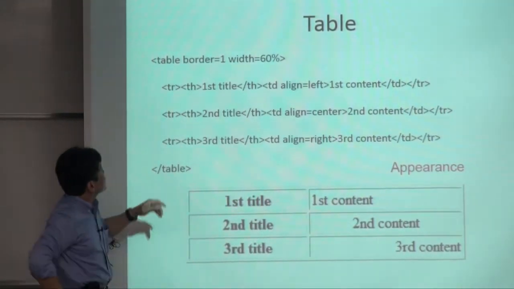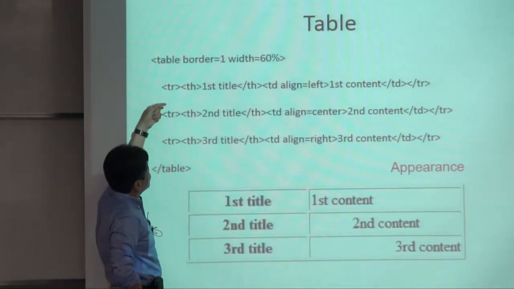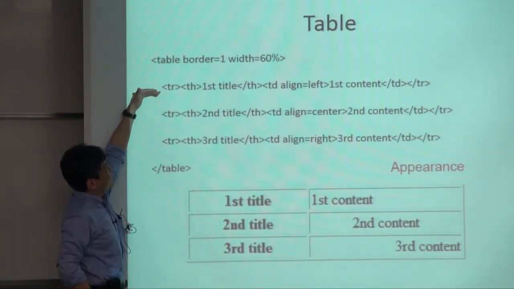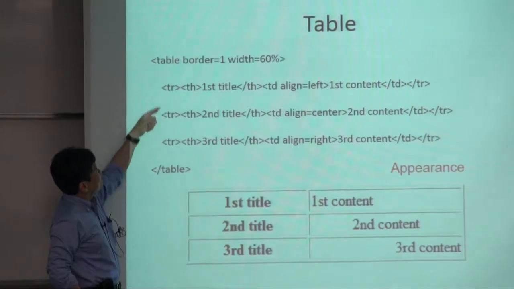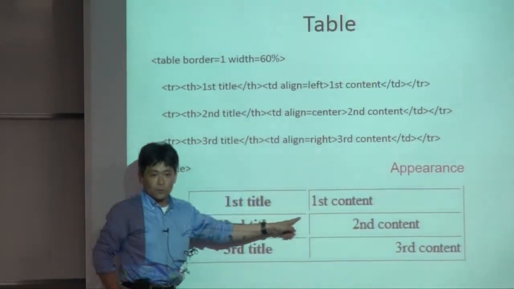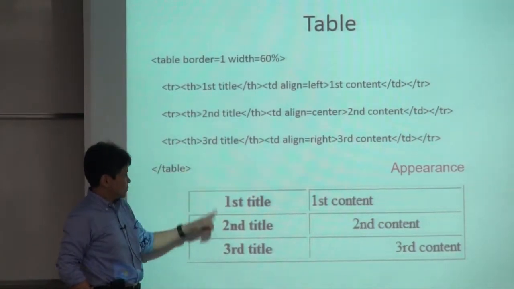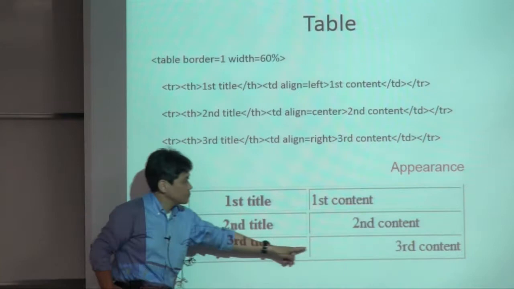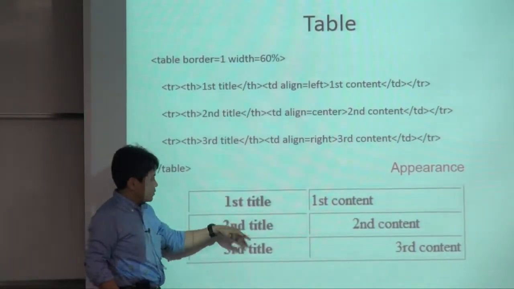Okay, and you can put several lines like this. So this line corresponds to this first row, and this also corresponds to this row, and this is this row. So in this case, 2 columns.